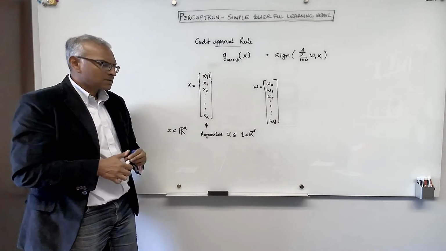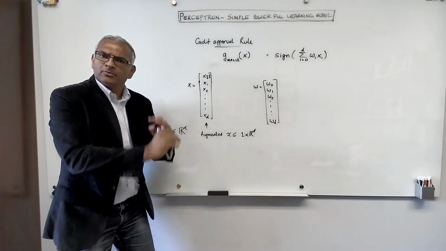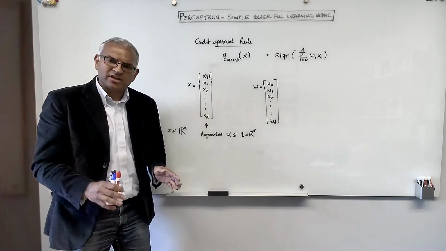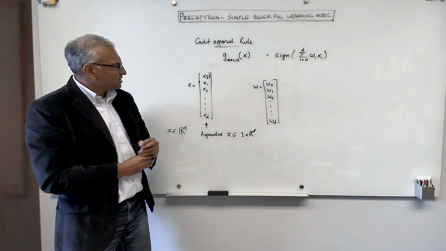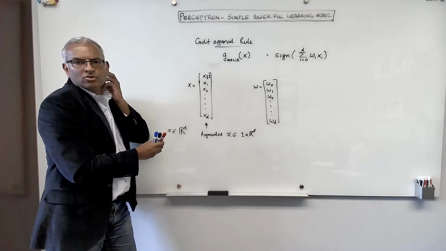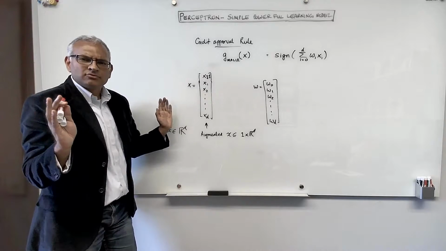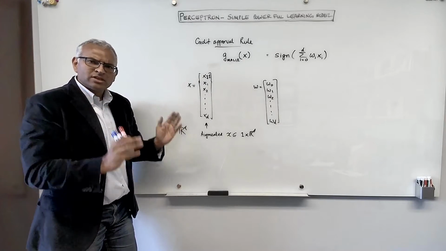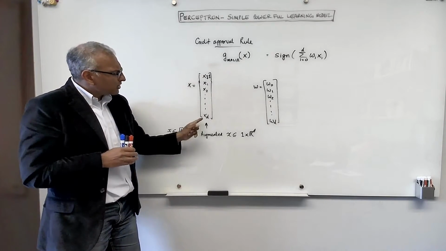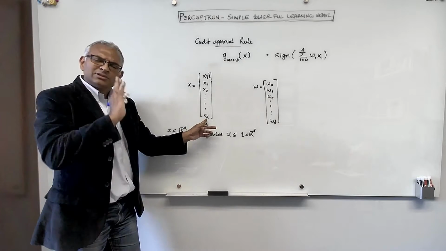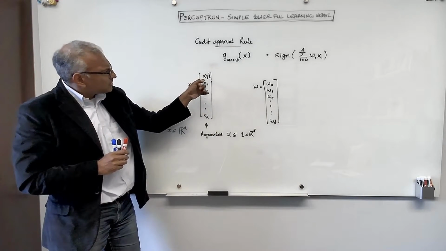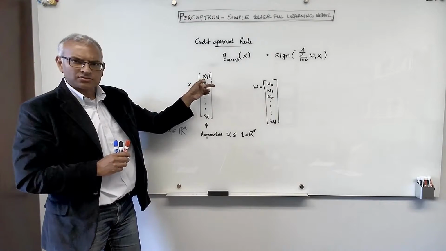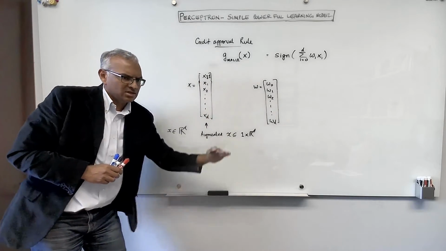From now on, for the rest of this course, unless otherwise specified, and when we come to support vector machines we will separate out the x0 component, but for the moment, let us assume that whenever we talk about an input vector x, the augmented part has been put in. It always starts with a 1, and then you put in the features.